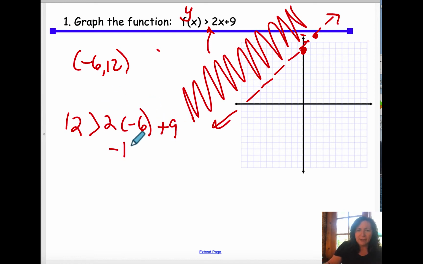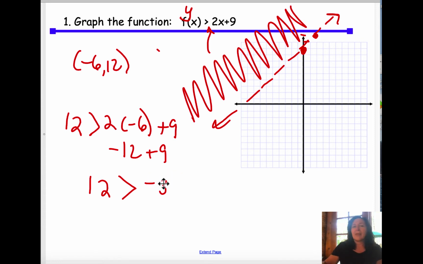So this is -12 plus 9. And yeah, it's going to be greater than, because 12 is greater than -12 plus 9, which is -3. And so definitely greater. So you can pick any of those points and plug them in to verify that your answer is correct.